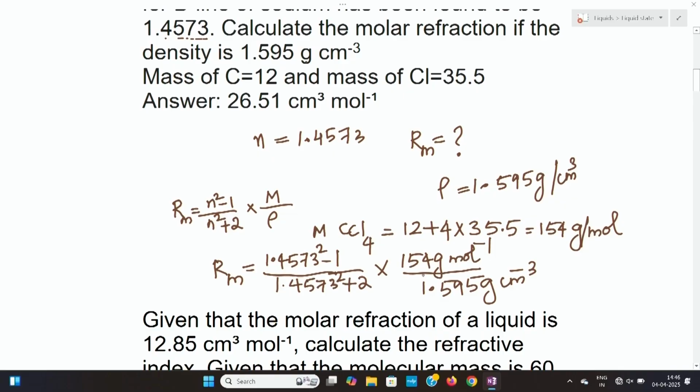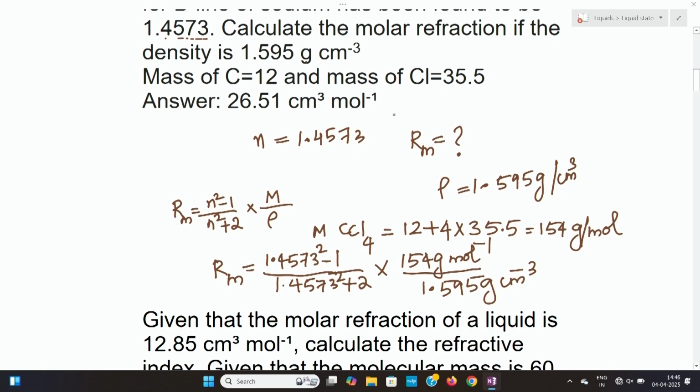When we do all the multiplication and division, finally we will get an answer as 26.51 centimeter cube mole inverse.